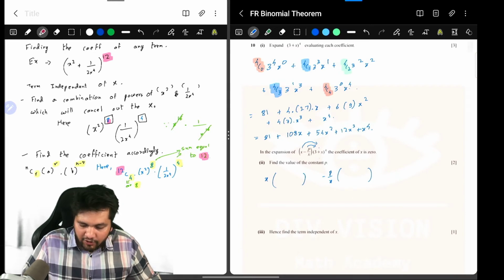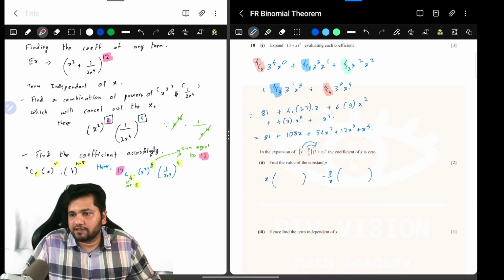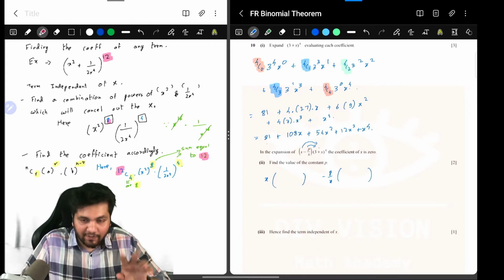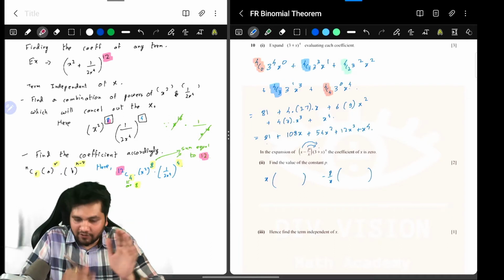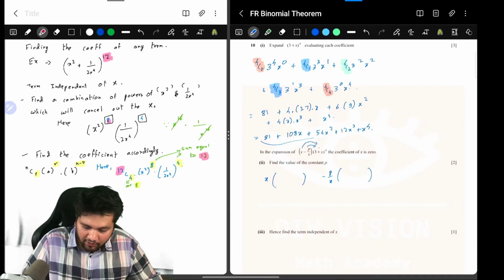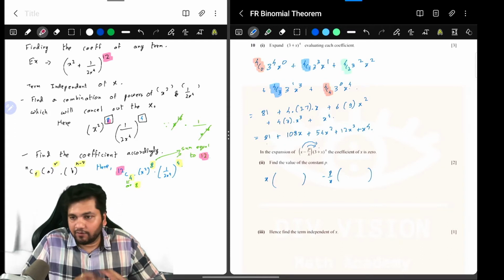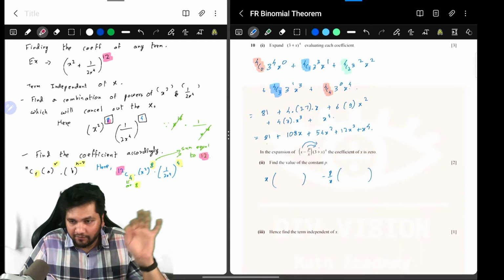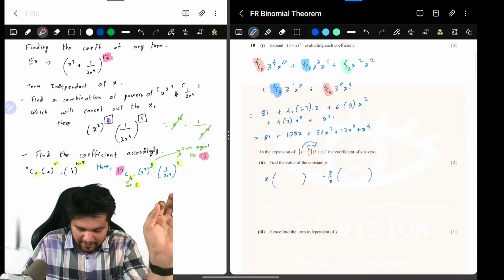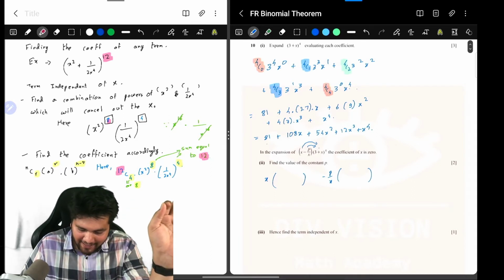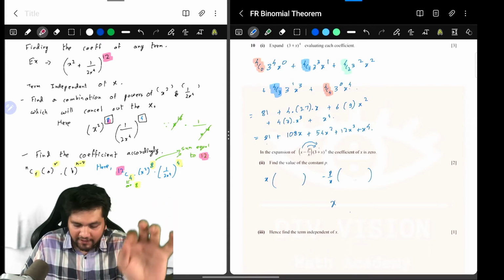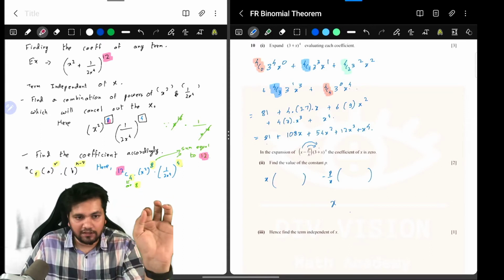Now see, we already expanded it and we got 81, then 108x, then 54x square, then 12x cube, then plus x to the power of 4. But when I multiply by x minus p by x, this x will be multiplied by all these terms, then minus p by x will also get multiplied with all these terms, but we are not going to do so much work. We just want certain values: x into what will give me something x only, and minus p by x into what will give me something x only.